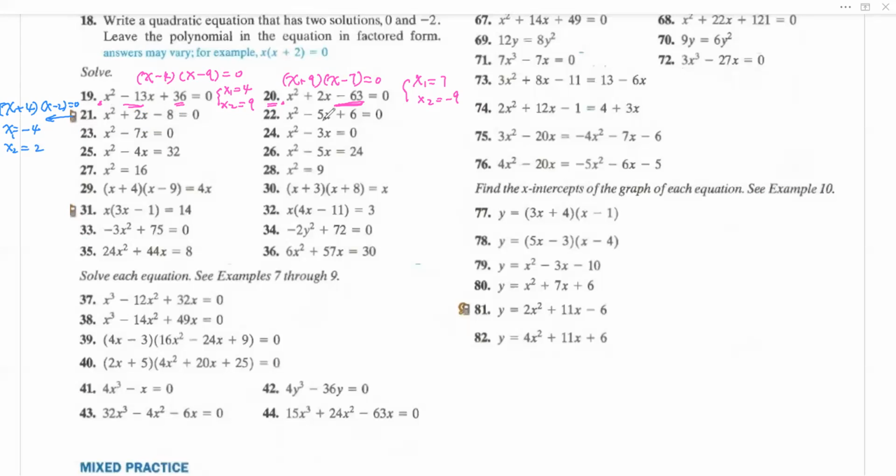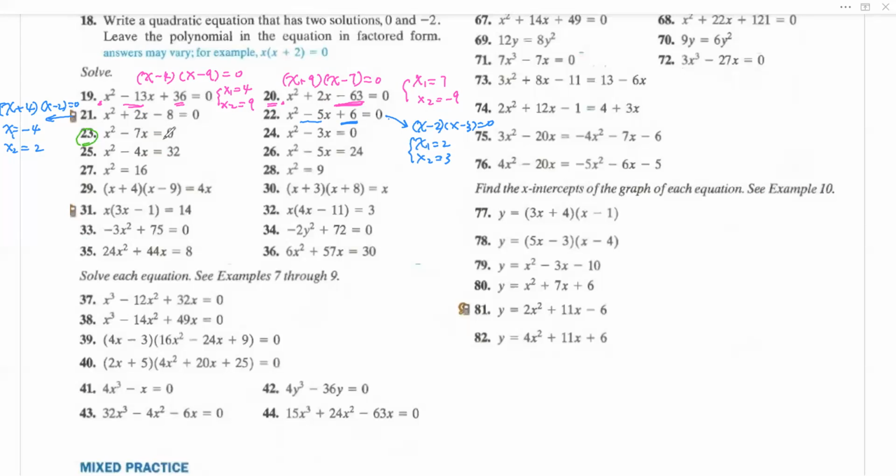All right, see 22. Here b is -5 and c is 6. So we can quickly factor into (x minus 2)(x minus 3), right? So one of them is 2, the other one is 3, right? See, then 23.